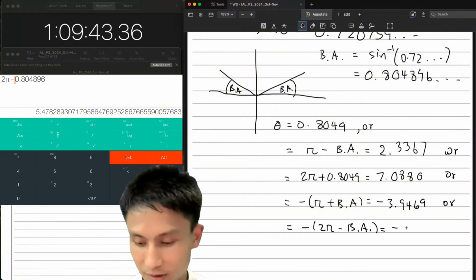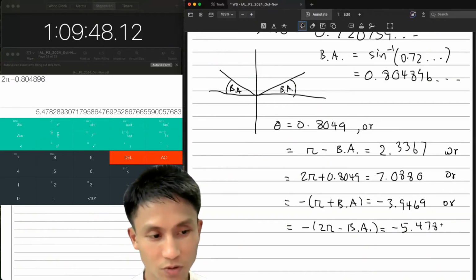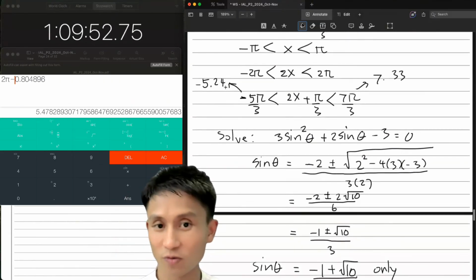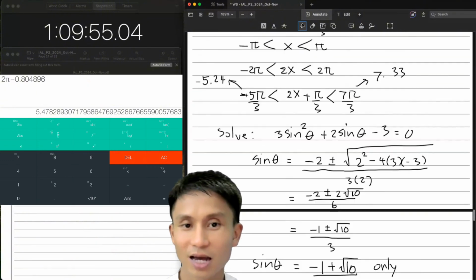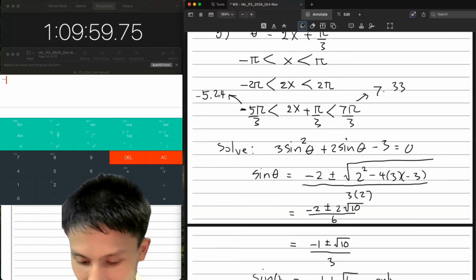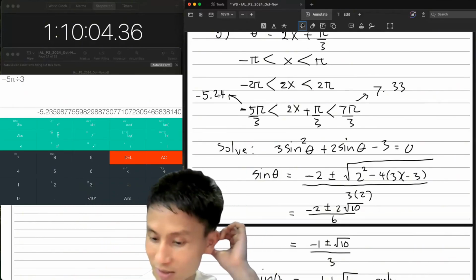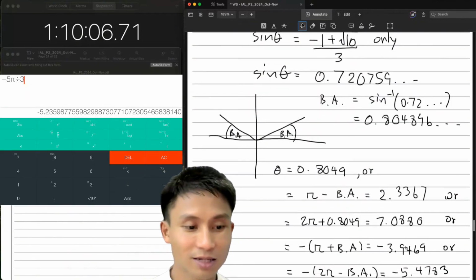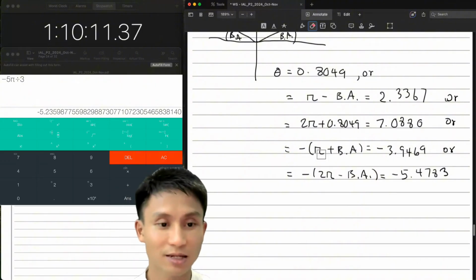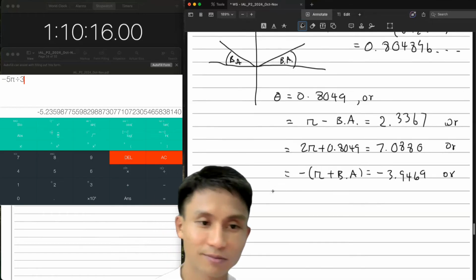So this is minus 5.4782 or 3. See if it's over the limit. It is a bit over the limit, because if we remember, we rounded this up, so 5 pi over 3 is actually a bit less than what we have here for the second negative root. So we're not going to take this, this is out of the range. So these are the only 4 answers.